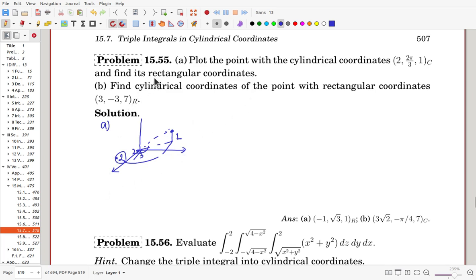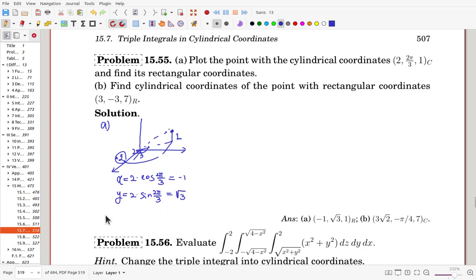And we can change it to rectangular coordinates. x is r cosine theta, where r is 2 and cosine of 2 pi over 3 is minus half, so x is minus 1. y is 2 sine of 2 pi over 3, and sine is square root of 3 over 2, so y is square root of 3.